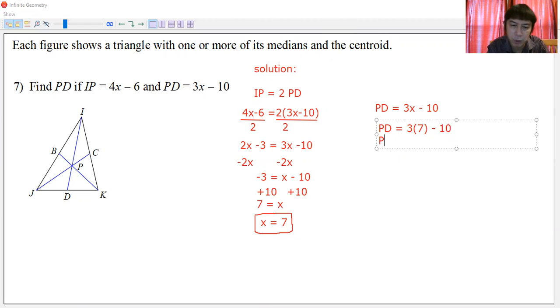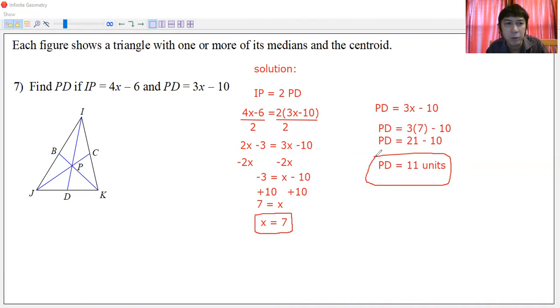So PD is equal to 21 minus 10, that looks like 11. So our answer is equal to 11 units. This must be our answer, 11. This is the required PD.